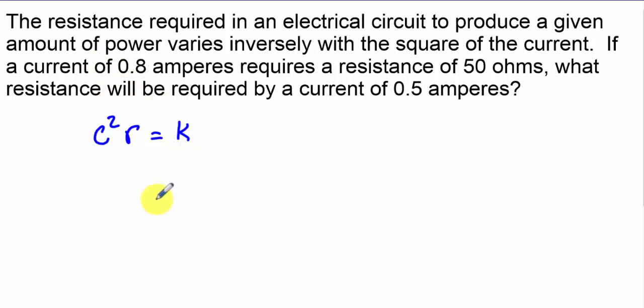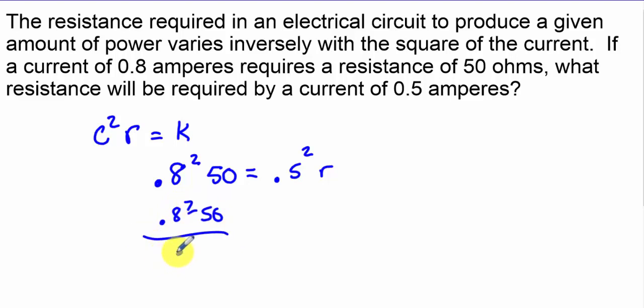It says if a current of 0.8 amps requires a resistance of 50 ohms, and then they give us another current of 0.5, what resistance are we going to have? Again, simply divide 0.5 squared to both sides, and we get the resistance, which will be in ohms.